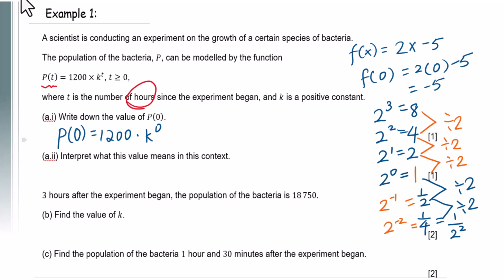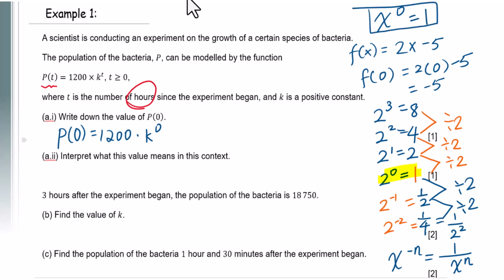By this trend, we can figure out x to the negative nth power equals 1 over x to the nth power. x to the 0th power equals 1. So k to the 0th power equals 1. P of 0 equals 1200.